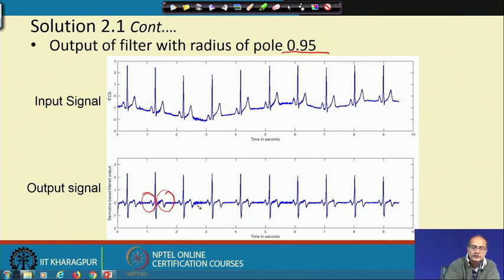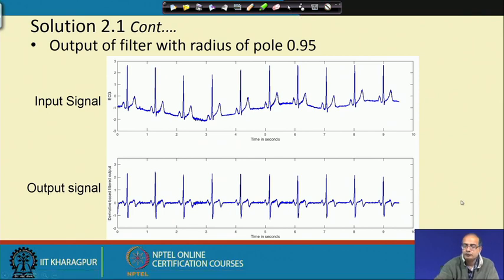Both the P and T waves have their shape impaired, but their amplitude has increased compared to the previous case, and the same is true for the QRS complex. And for the QRS complex, we also see an improvement in the shape compared to the previous case. Now, it is moving closer to the QRS wave shape in the input signal.